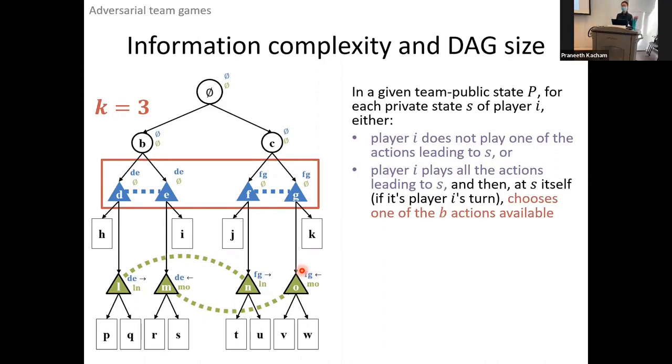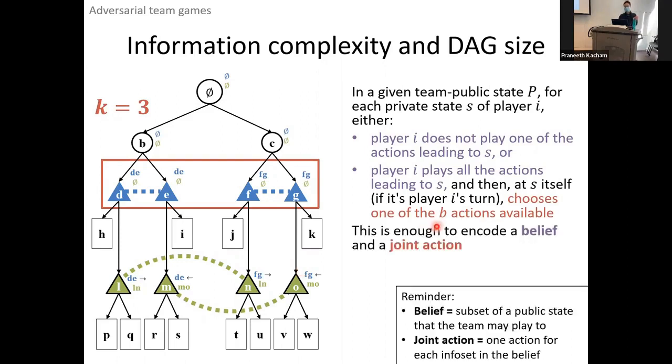And that information is already enough for me to exactly determine a belief. The purple parts determine the belief. And the red parts determine the joint action. So once we have a belief and a joint action, we have an observation node.